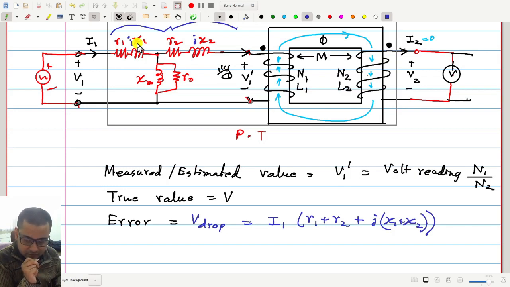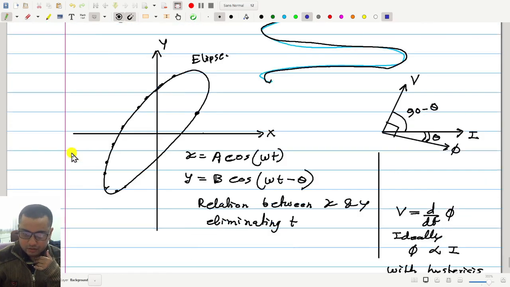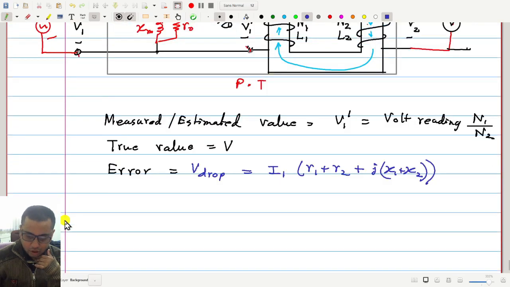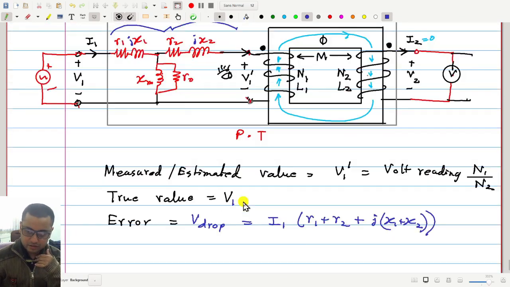In the diagram, because you have written true value equal to V at the bottom. Oh, no. Here I actually meant V1. Yes, sir. Okay, thank you. It's fine.